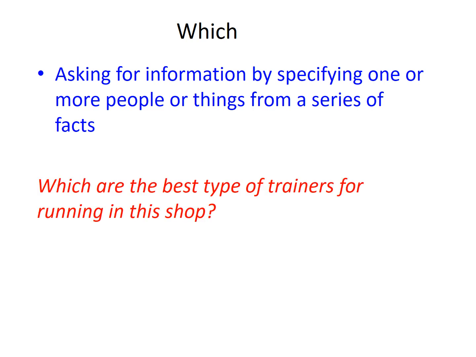By asking the question with the word which, the person is asking, out of all the trainers here, which pair would you choose? So they want a very precise answer. Which is the interrogative we use when we want one specific answer from a series of facts or pieces of information.